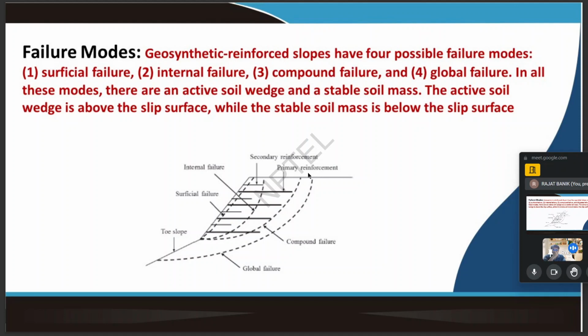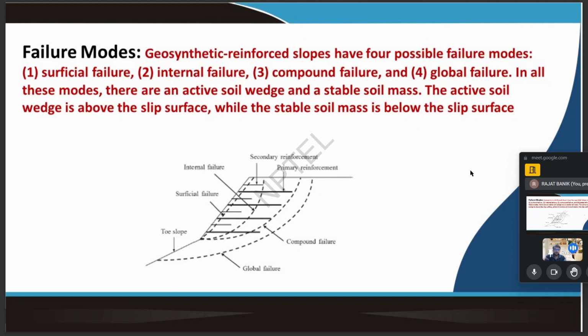Then compound failure, which we already talked about, the sliding, overturning, or base failure, slope toe failure, like that. Global failure is sometimes similar to the compound failure, or we can say base failure or toe failure.